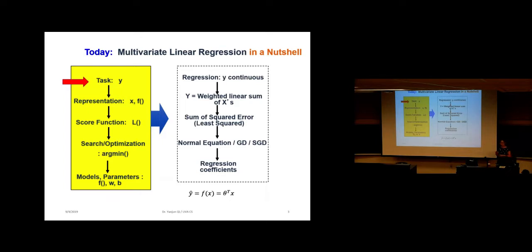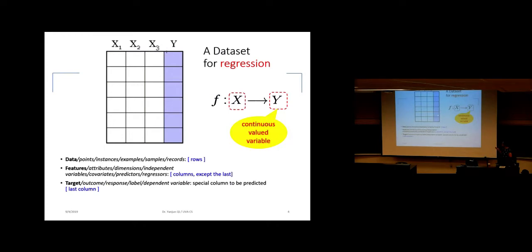In this case, we target only a 1-dimensional y. So our task is a continuous variable task. On the data level, it's really just that last column in your data, and they are real numbers.